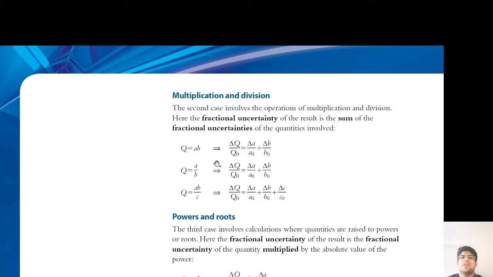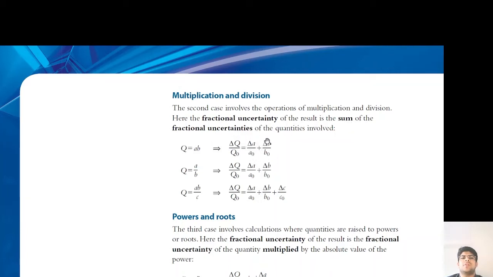Let's see here, if q and a and b are two quantities, we have to multiply them. ab is to multiply, and a over b is to divide them. a into b over c is to multiply a and b and divide by c. So the uncertainties we get, delta q over q0 equals, we just simply add them, never subtract, just put the addition symbol between them and add them, the sum of fractional uncertainty.